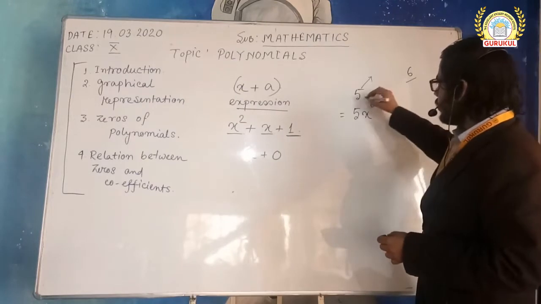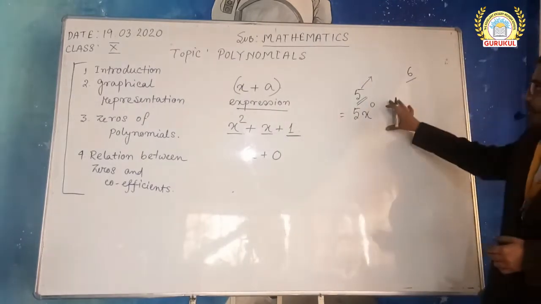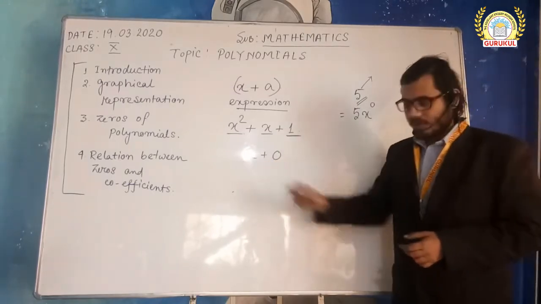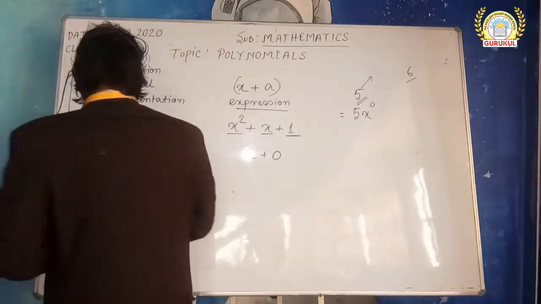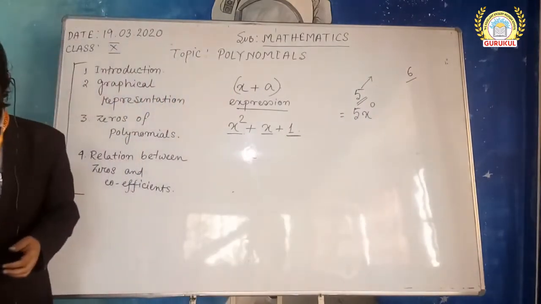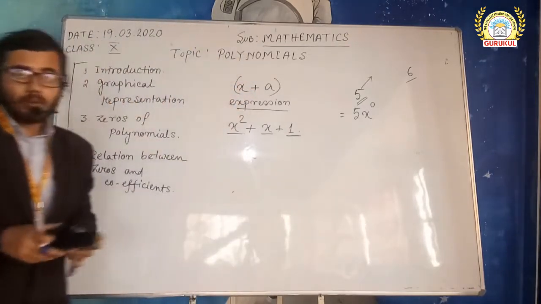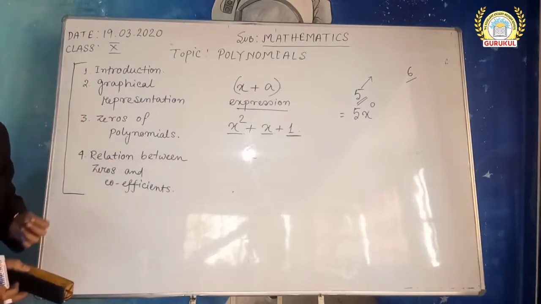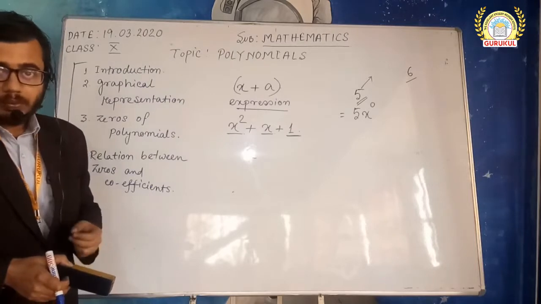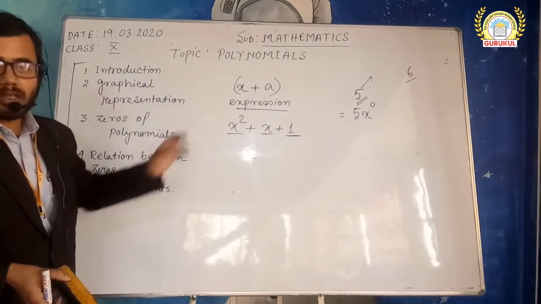But where we are not writing the variable part, that is directly called a constant. Where no constant is there, that is also a polynomial. Now we need to know about the classifications of polynomials. So polynomial means the expression which contains a variable part as well as a constant part.